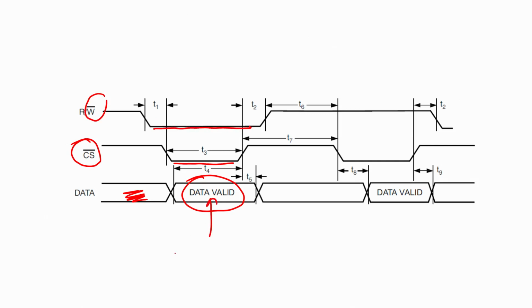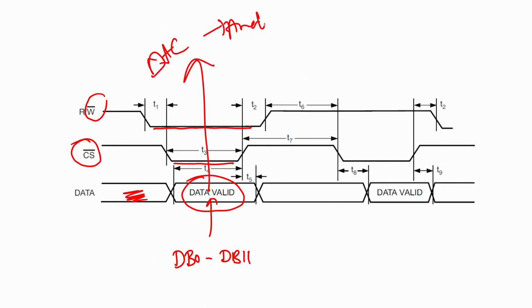So this data, which is DB0 to DB11 that we saw, will be latched onto the DAC and the analog voltage will be taken. Then chip select goes high, invalid, and even if the data changes it will not take it. Only the next time this becomes low will it take it as valid data, but that time it is a read.